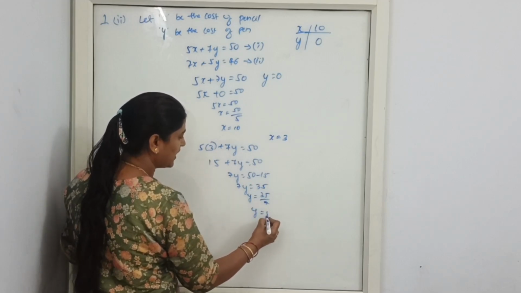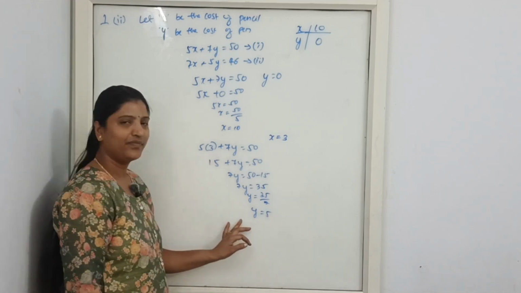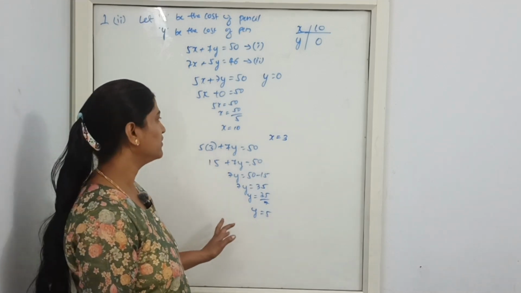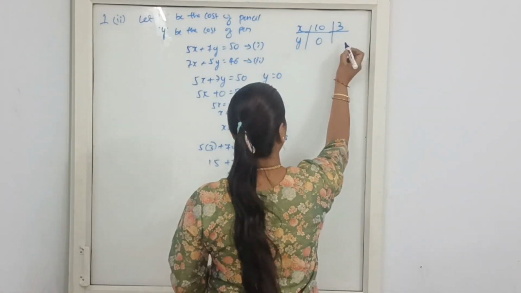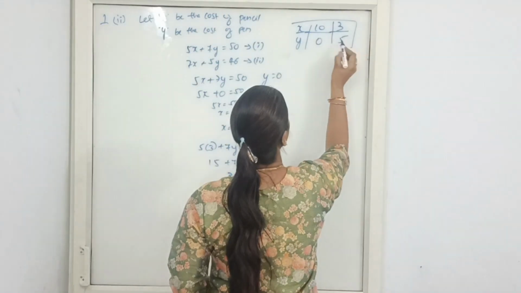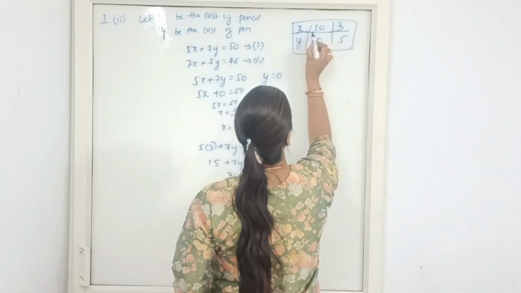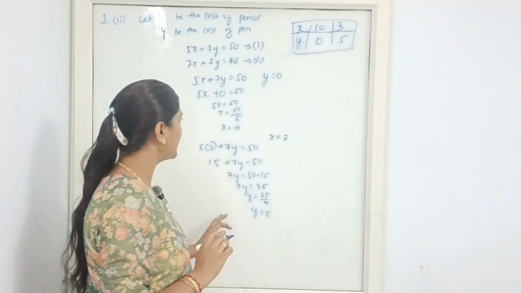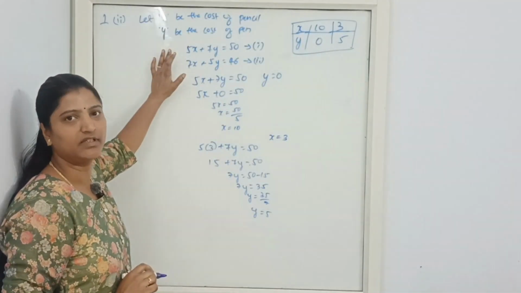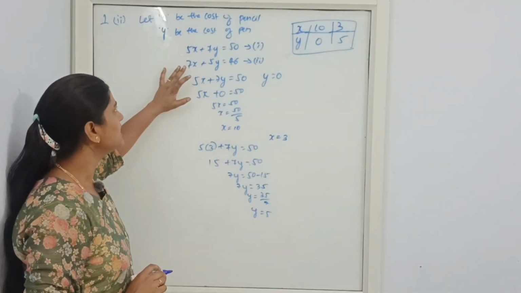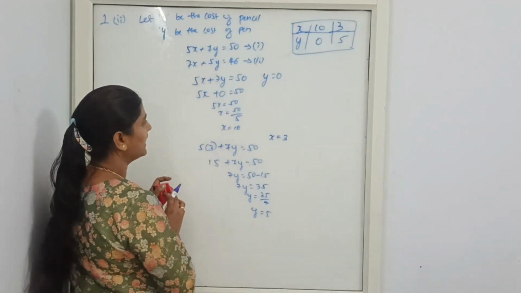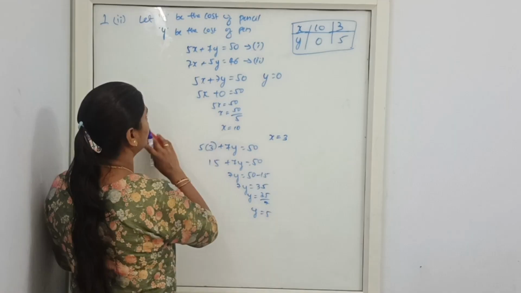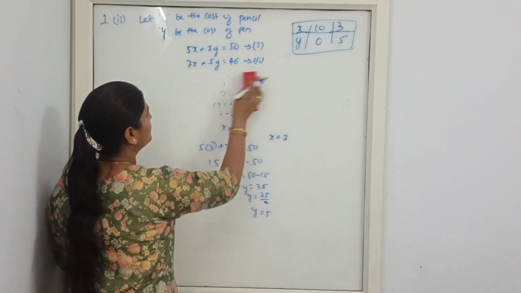It is nothing but y is 5. Practice thoroughly, then only you can go through this. So x is 3. Then what you will get? y is 5. This is the first table we found by keeping the values for the first equation. Clear? Let us see the second one. Second one, let me erase this only.